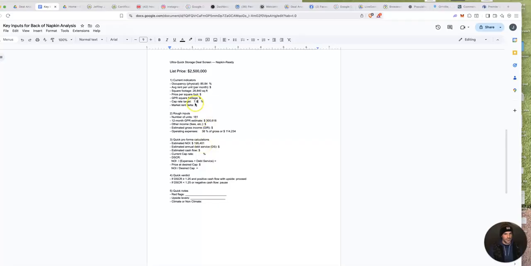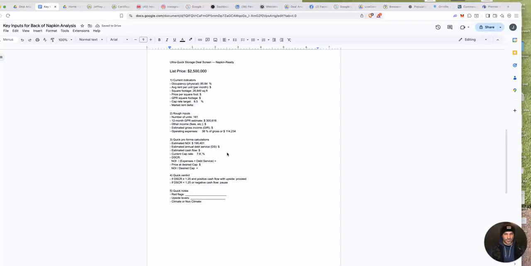So at the end of the day, that's a 7.8 cap. Oops, that's my target cap rate. I didn't put it in the wrong spot. But anyways, I'm going to put in my target cap rate. So I'm looking to buy this at an 8.5 cap. Per their numbers, their current cap rate is 7.8. So a little bit of a discrepancy.